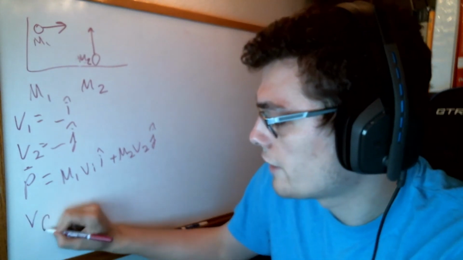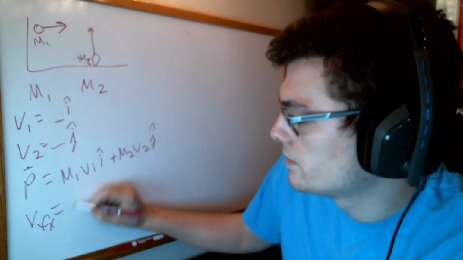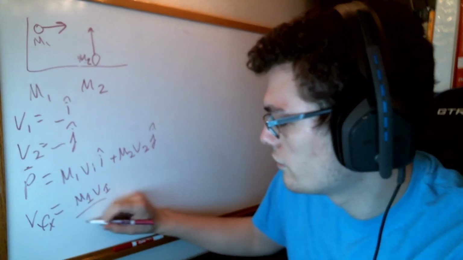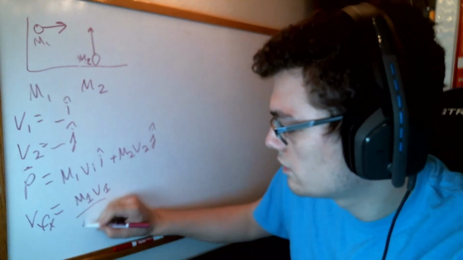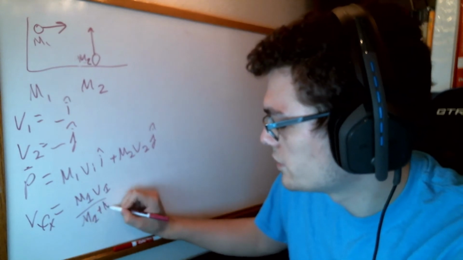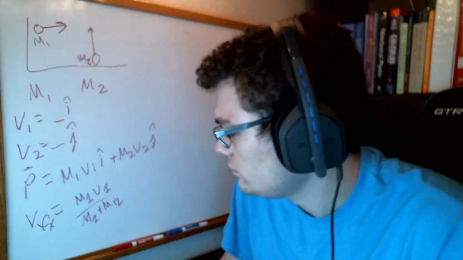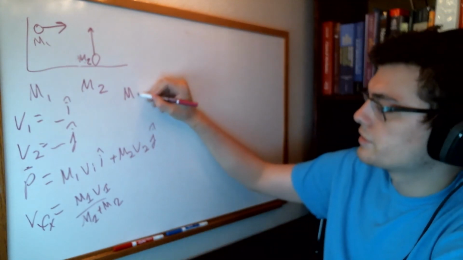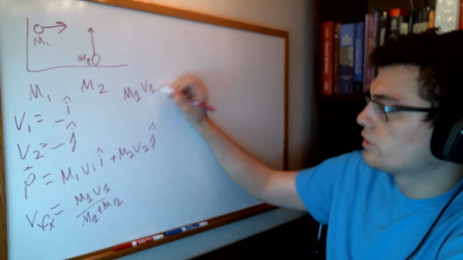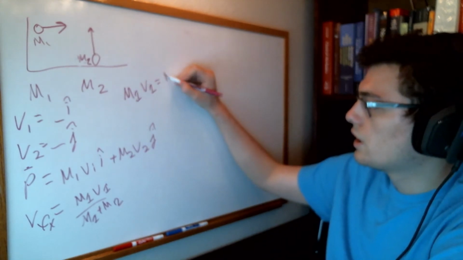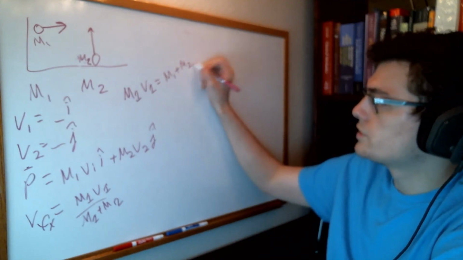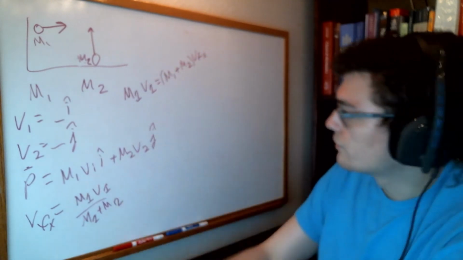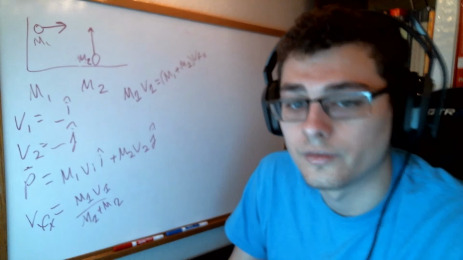So then VFX is going to be equal to M1 V1 over M1 plus M2. Right, because our statement for conservation of momentum would be M1 V1 is equal to M1 plus M2 VFX. And so then you would just divide it to the other side, and that comes out very quickly.